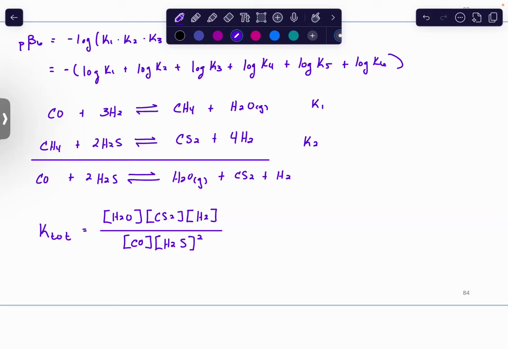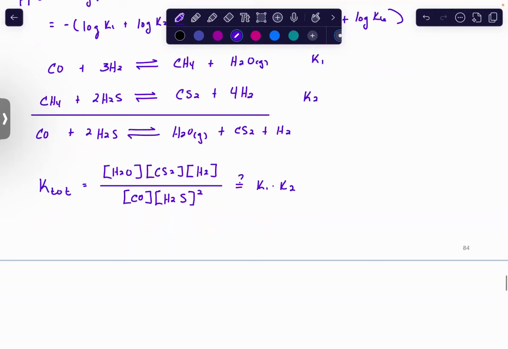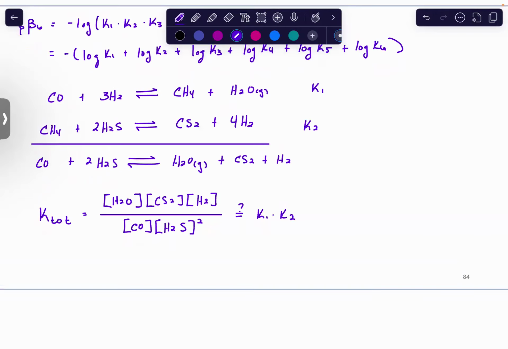Now, the question is, does this equal K1 times K2? Okay, well, you have to do the K value for each one of these.